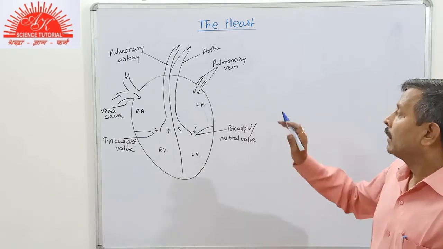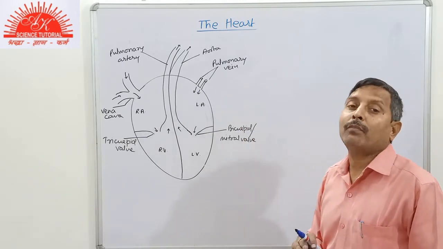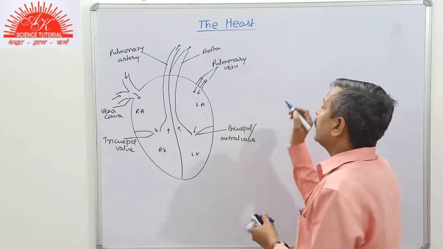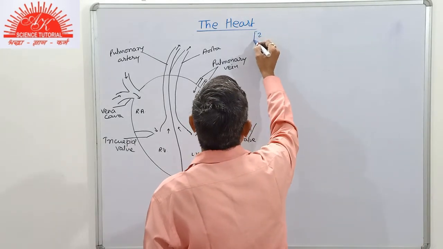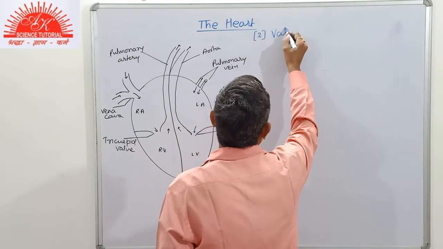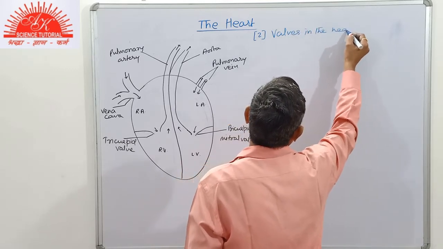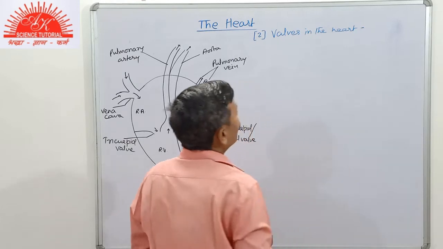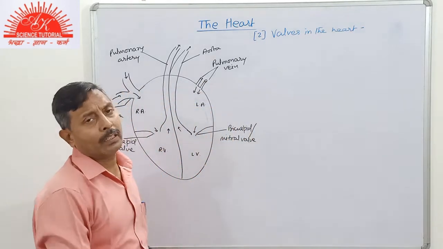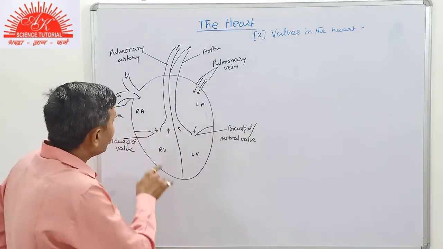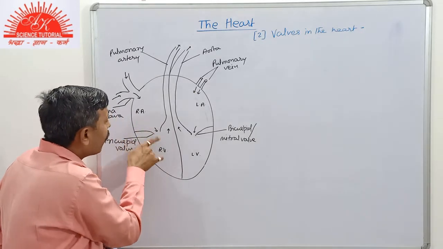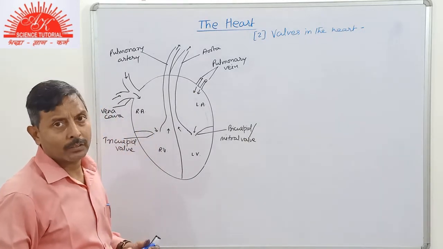Students, the next topic which we have to study in the structure of the heart is the valves in the heart. Second part is the valves in the heart. Now there are two sets of valves in the heart. One is in between the auricle and the ventricle.